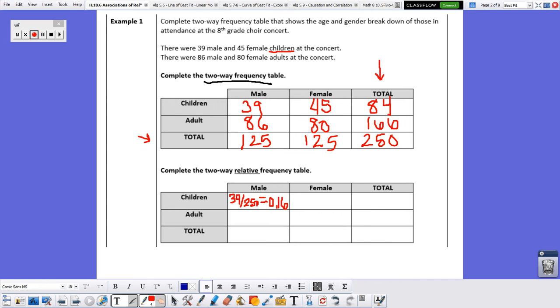So let's go straight across the row. I'll show work one more time. 45 divided by 250 for 45 females gives me 0.18. I'm going to keep on going. 84 for our total children divided by 250 is 0.34.